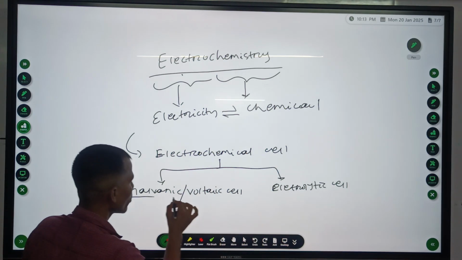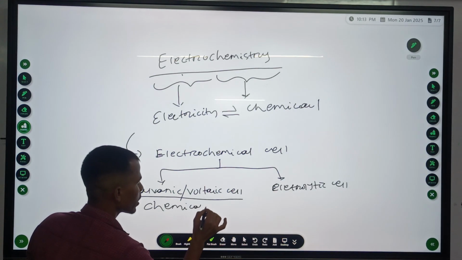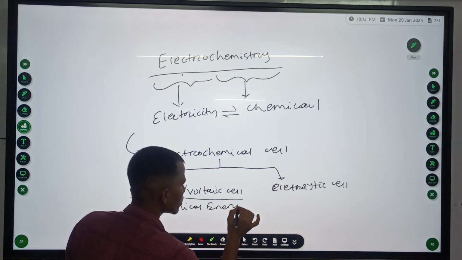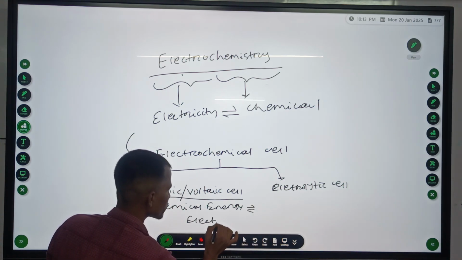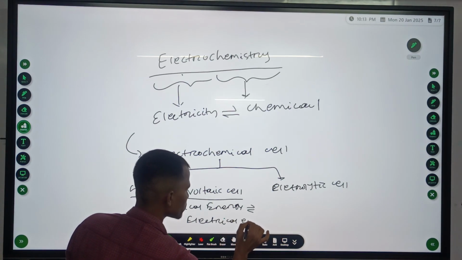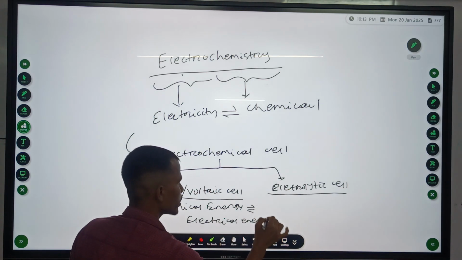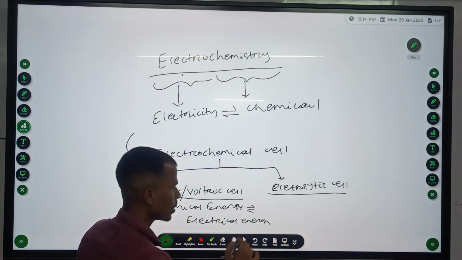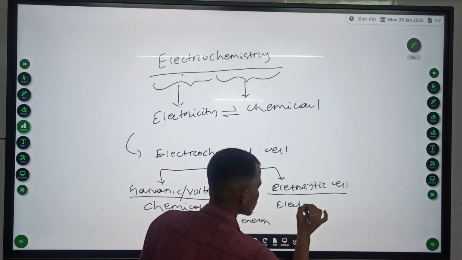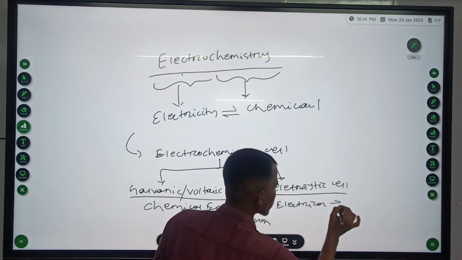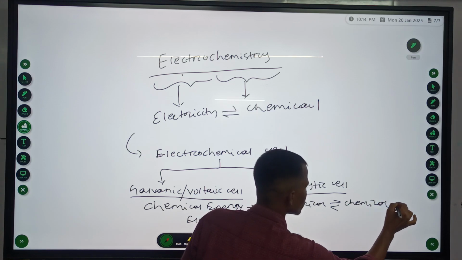Basically, in a galvanic cell or voltaic cell, the chemical energy is converted into electrical energy, and in an electrolytic cell it is opposite to that of the galvanic cell. In this, the electrical energy gets converted into chemical energy.